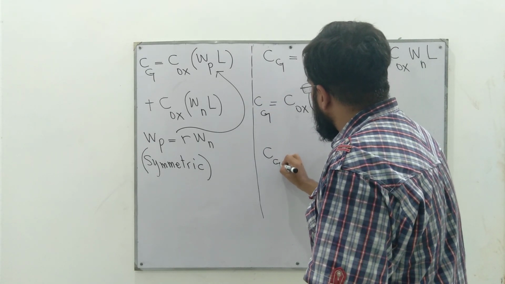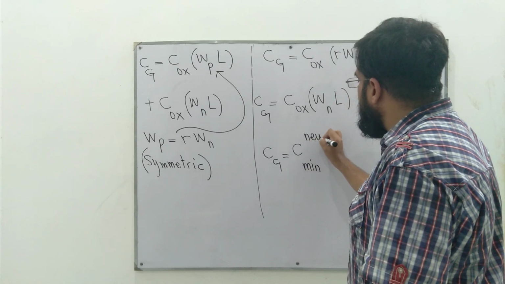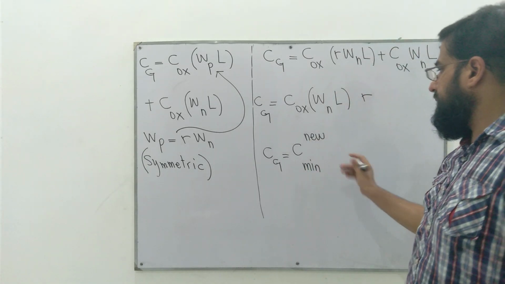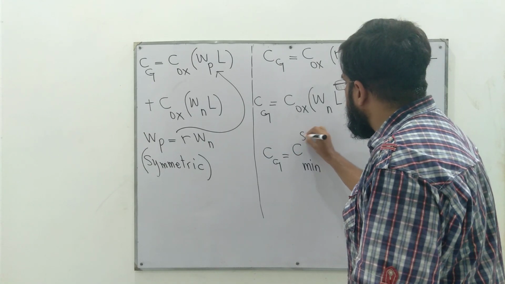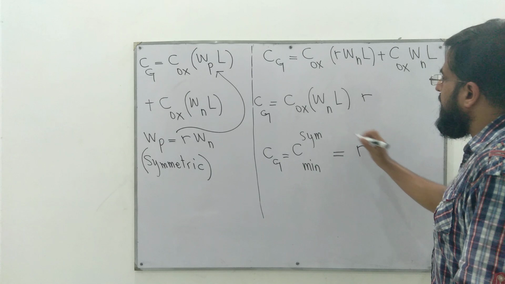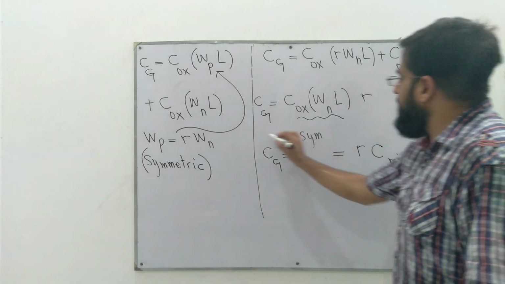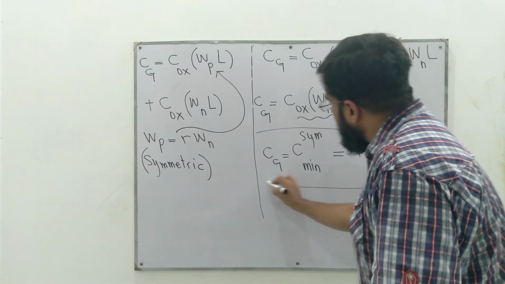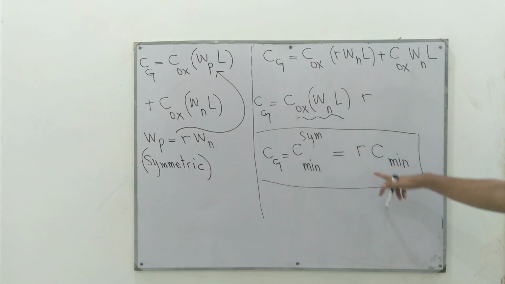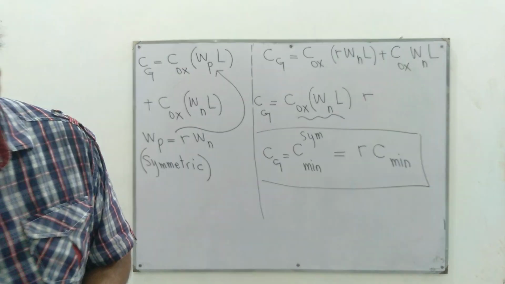So this is Cg, which is the new C minimum in case the gate is symmetric, is R plus 1 times this C minimum. So C minimum for a symmetric gate is R plus 1 times the C minimum otherwise.